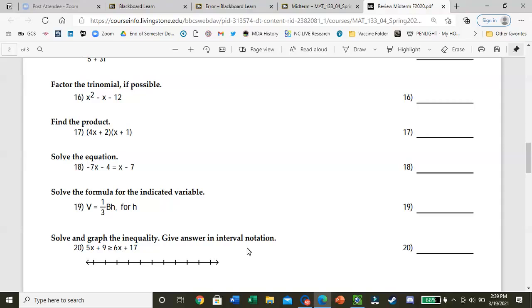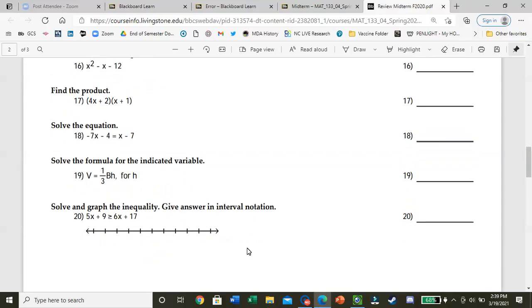Not usually. But, okay, question for 16. Do we need to see 16? Or are we okay? We good? Okay. All right. Find the product. Basically, you're just foiling, right? We good there? Okay, good.